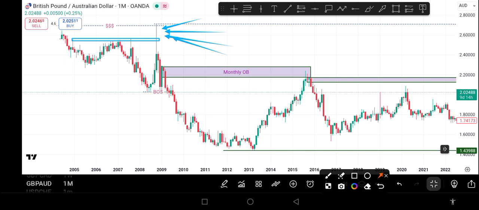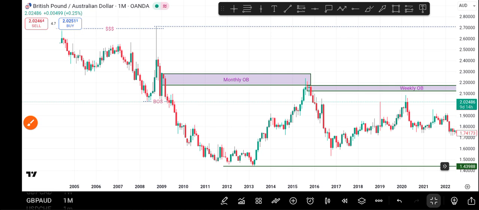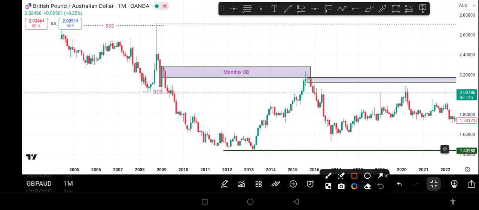I'll just mark the valid order block at this point, which is this one. I believe you can see this order block, and then I'll wait for the price to come back into this order block, right? And then I look to sell to the downside to this point where the market started retracing from, just like that.